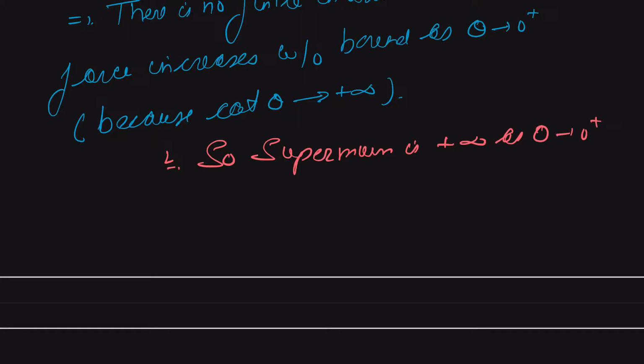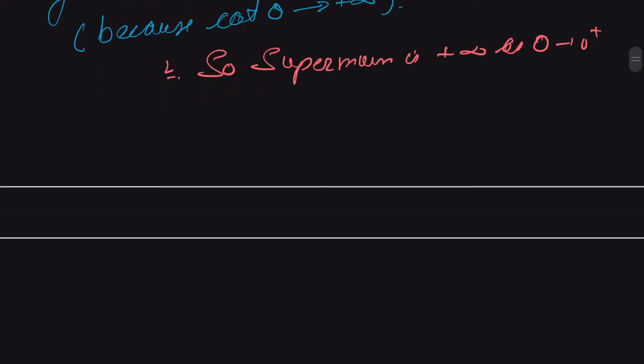So this is a little bit tricky, but we get the rough approximate idea with respect to the value of 0.